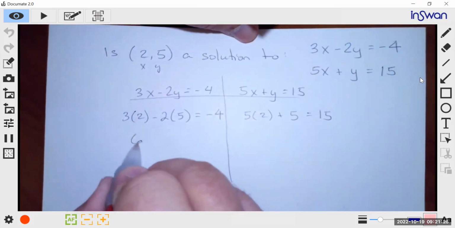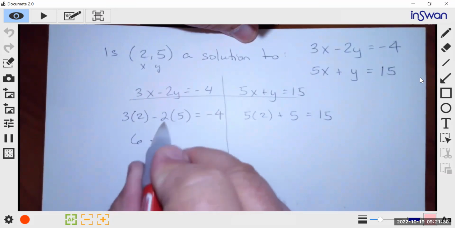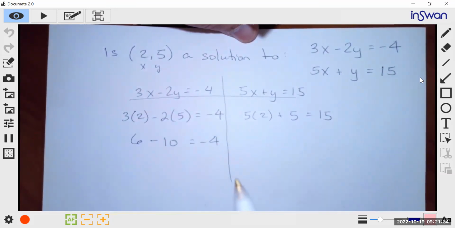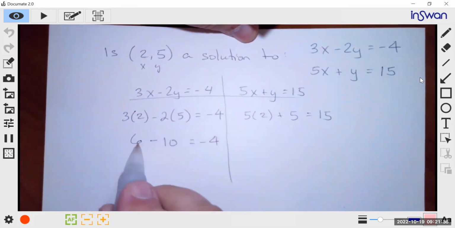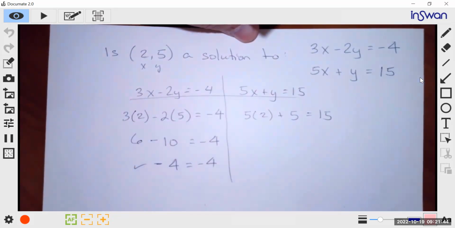Three times 2 is 6. Negative 2 times positive 5, negative times positive is negative, 10. 6 minus 10, 10 is bigger, so the answer is negative. 10 minus 6 is 4. That works.